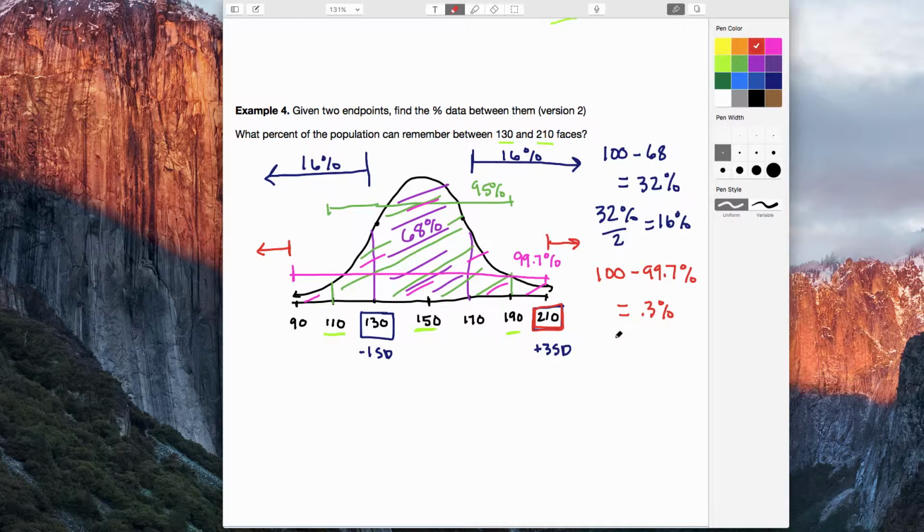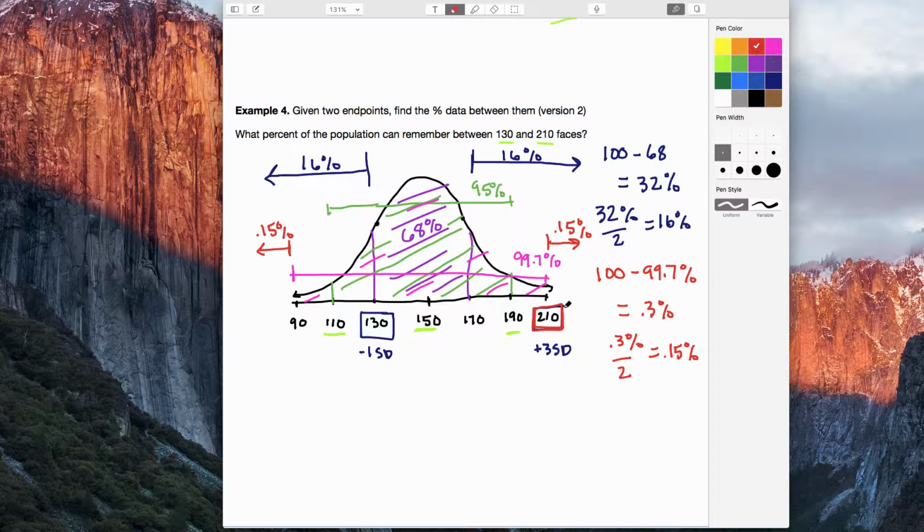Just like we did with that 32%, we need to divide that by 2, and we're going to get 0.15%. All this math gives us this red area, 0.15%, and down below here, 0.15%.